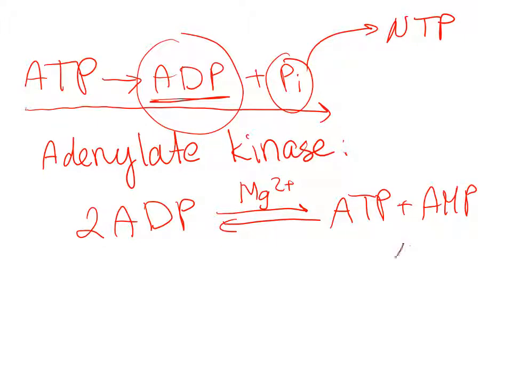Now, the delta G of this reaction is about 0 also. So this adenylate kinase is doing two jobs, or is killing two birds at once. It reduces the concentration of ADP and it produces an extra ATP for the muscle to use.